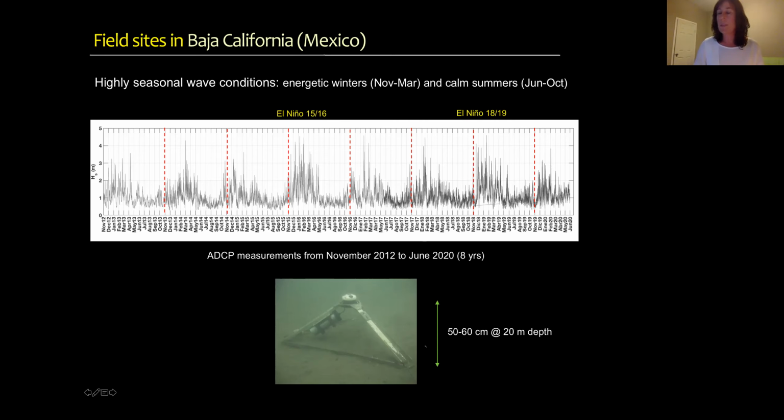And this is at 20 meters. I have been thinking about this for a while, and we can discuss this later, but there is definitely quite a lot of sediment being moved at that depth.